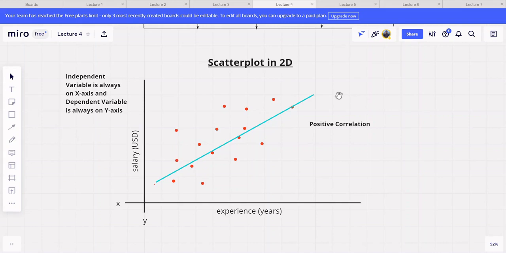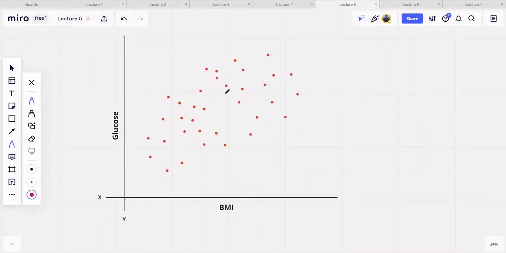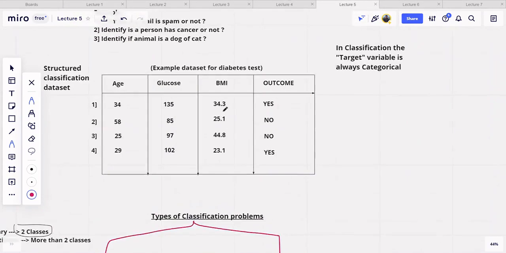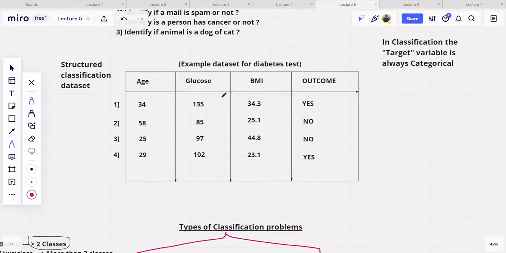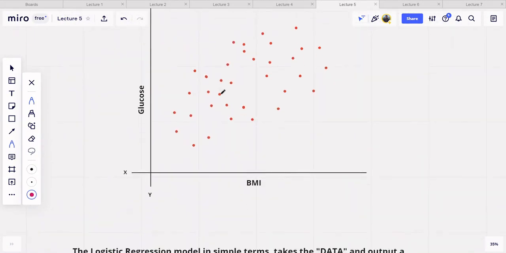So in linear regression our only goal was to find this line of best fit. But in logistic regression our goal is to find a line that will separate this data set into two parts. For example, from this diabetes data set, we drew a scatter plot of glucose against BMI.